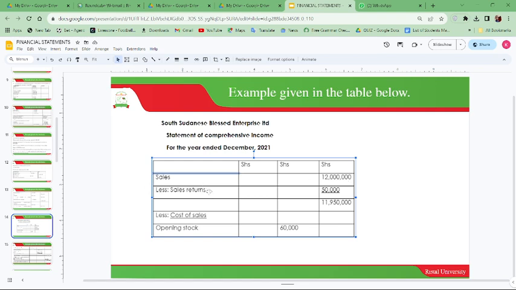So we less the sales returns from our sales.